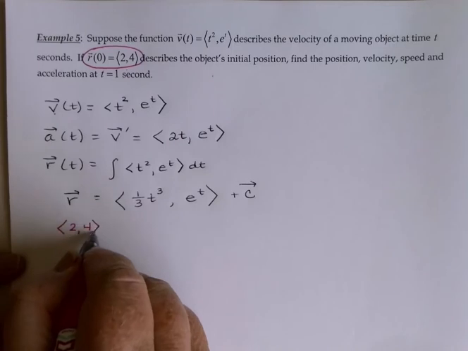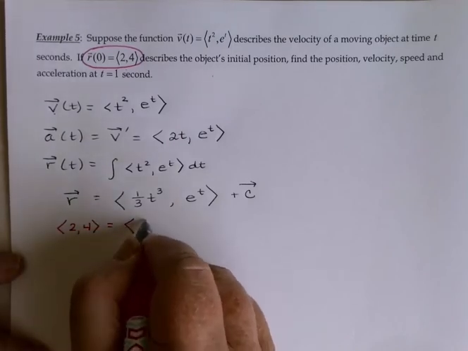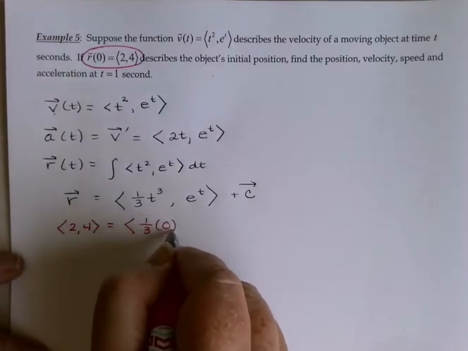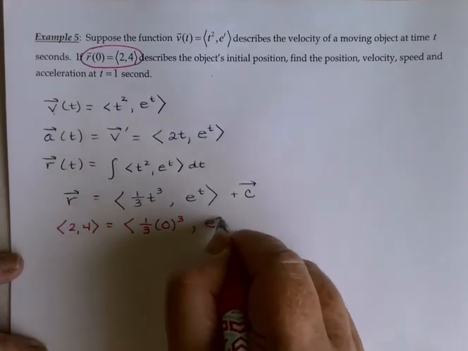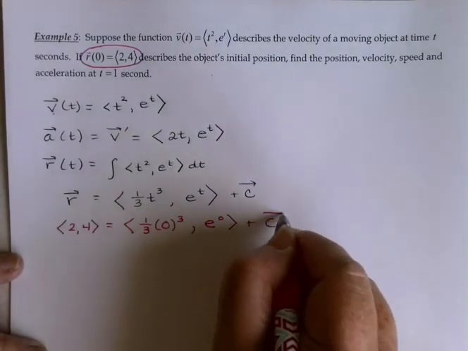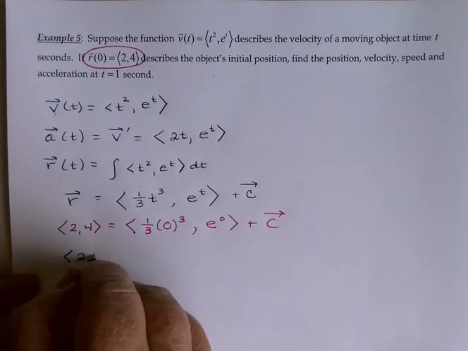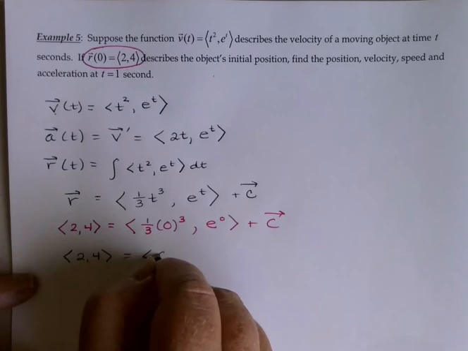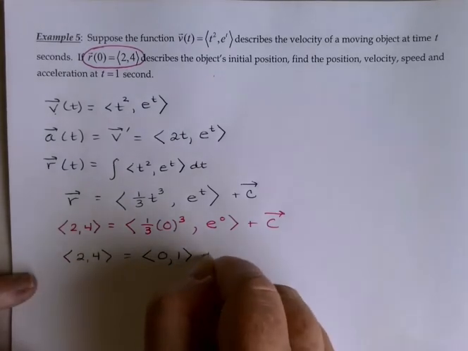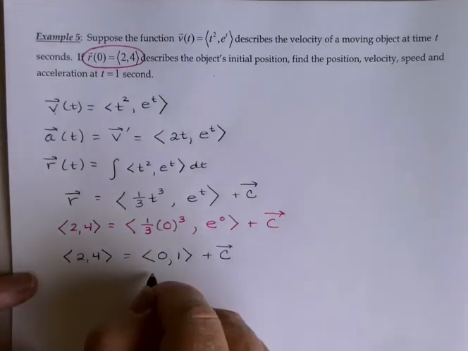So r is 2, 4 when t is 0. So I get 2, 4 equals 0, 1 plus c.